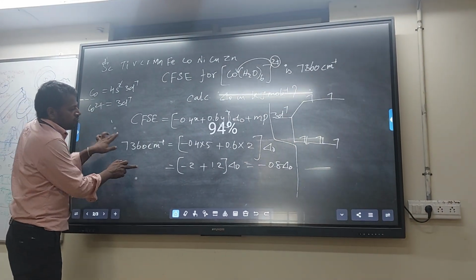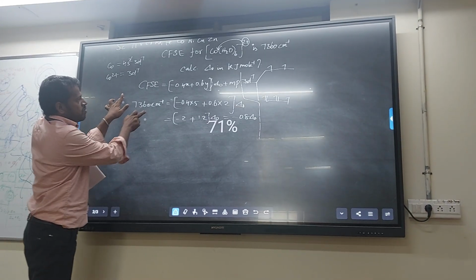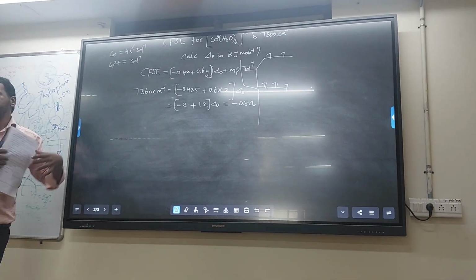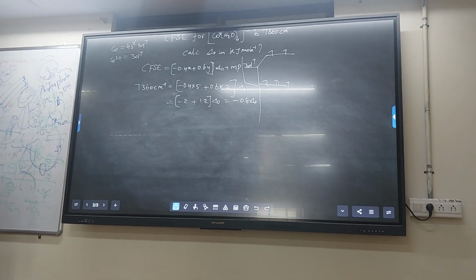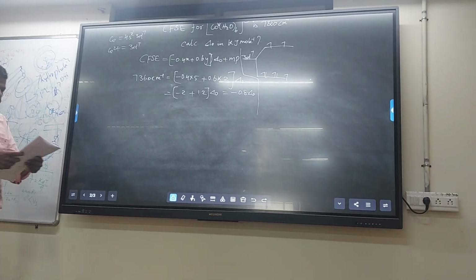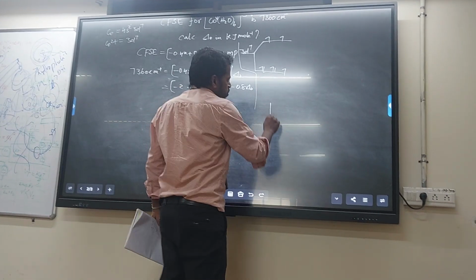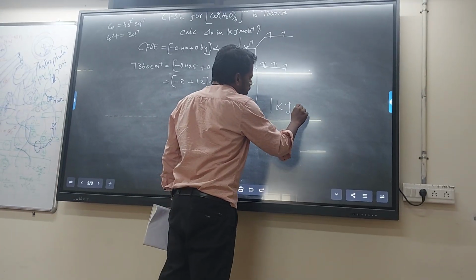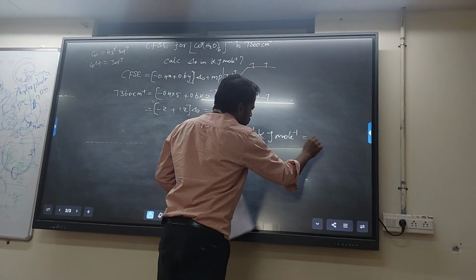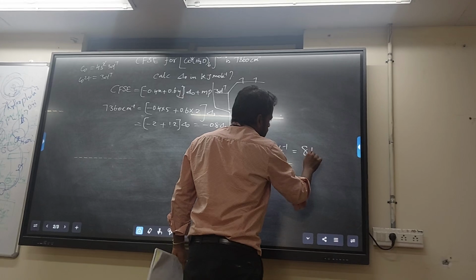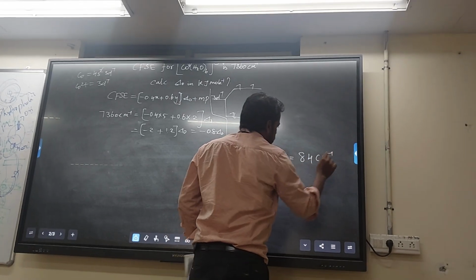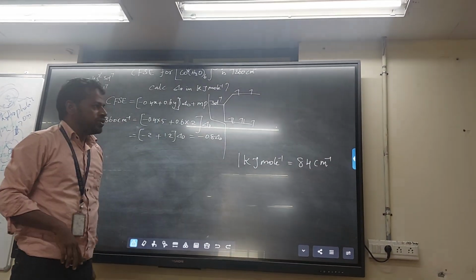Now only the conversion is left. Do any of you remember the conversion? Sometimes they give the conversion in the question itself. Otherwise, we can do it. 1 kilojoule per mole equals 84 centimeter inverse.